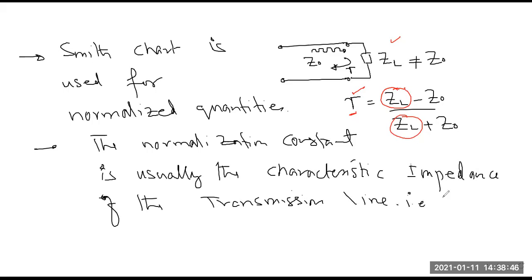And if you remember, the symbol that we use for characteristic impedance of transmission line is Z naught. So whenever you use Smith chart to solve any problem, the first thing that you need to do is normalize your given quantities. Okay, and of course, by quantity, I mean either Z or Y.